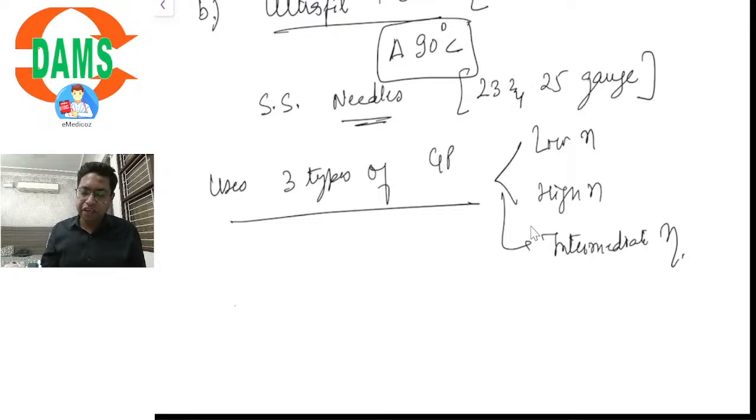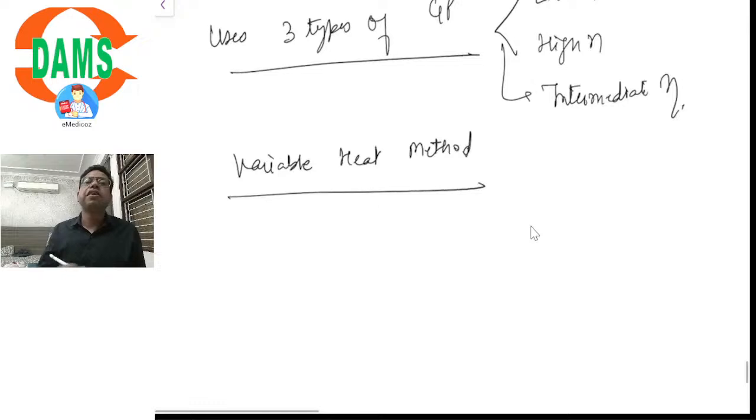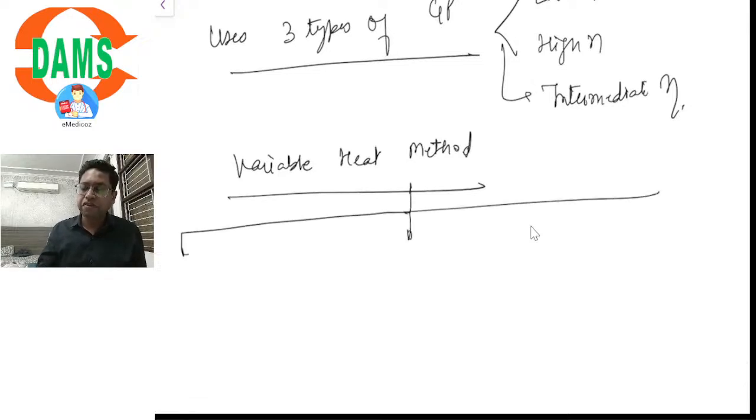Then we have variable heat methods. Instead of a fixed temperature of heating, there are variable heat methods. Three examples of variable heat methods for thermoplasticized obturation are Calamus, Hot Shot, and Elements.